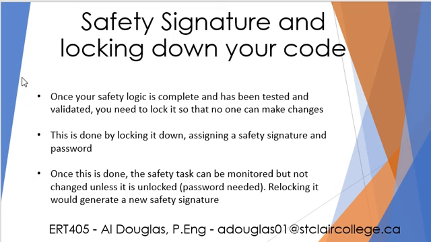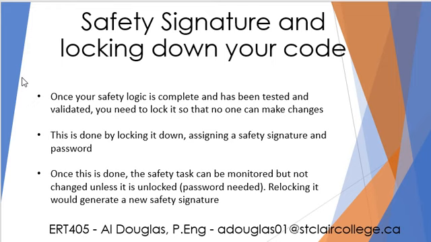Once you have completed and validated all of your safety logic, your final step, we didn't do this in the lab because it's kind of tricky and dangerous, but your final step is to create a safety signature and lock down your code. So this is where you actually create a kind of a digital fingerprint of the condition of your logic at the time where you locked it. This is like you signing off on it.